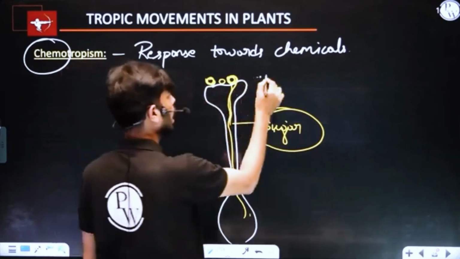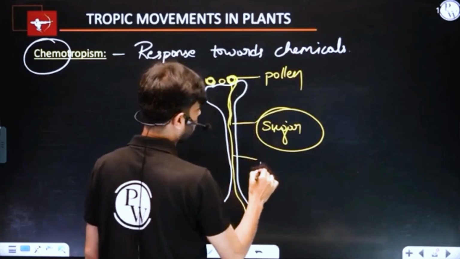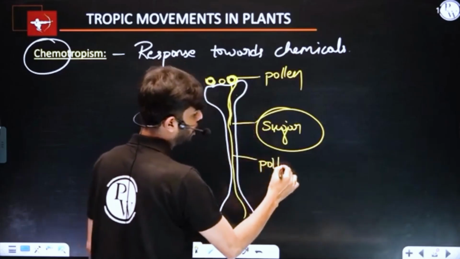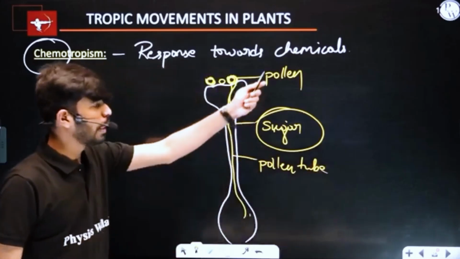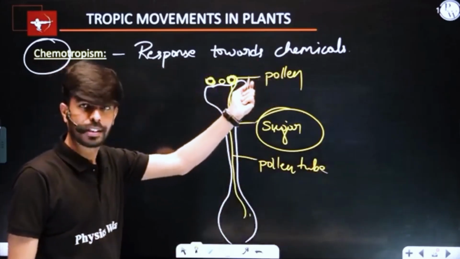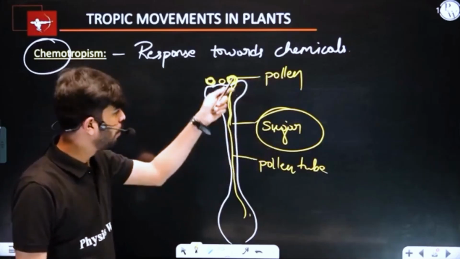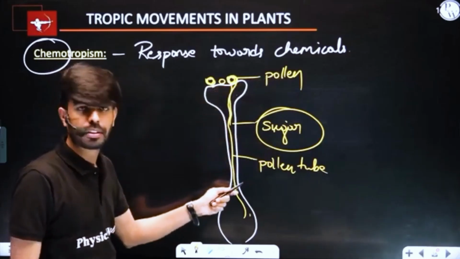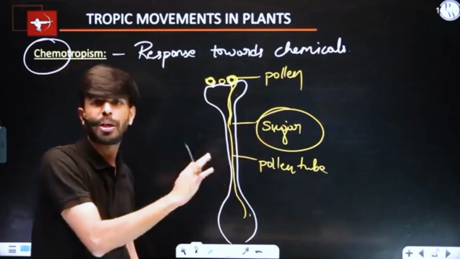You can say that here is the pollen and this particular part is a pollen tube. Now the pollen grain germinates and shows the response towards the chemical called sugar by growing towards it. The pollen tube develops.